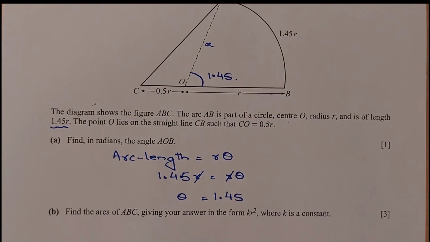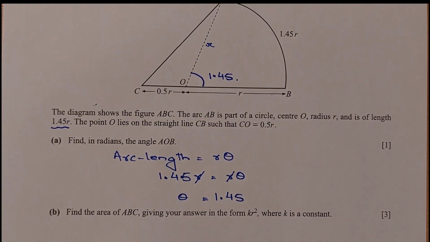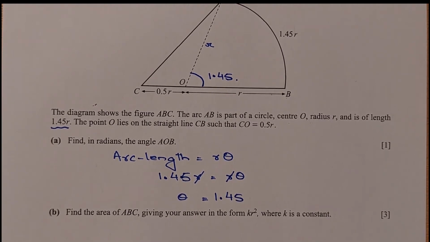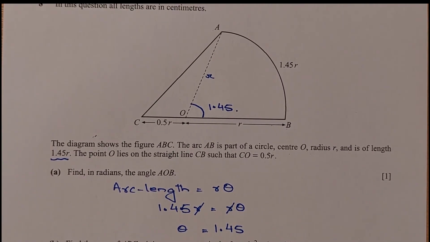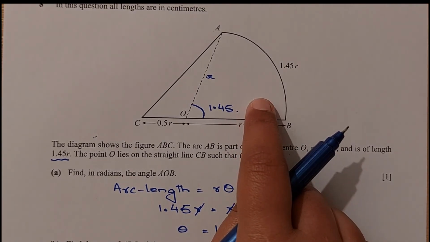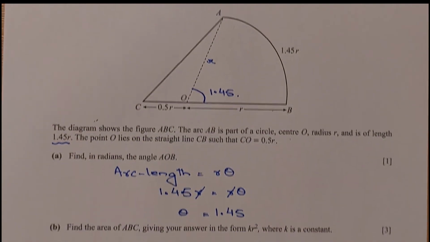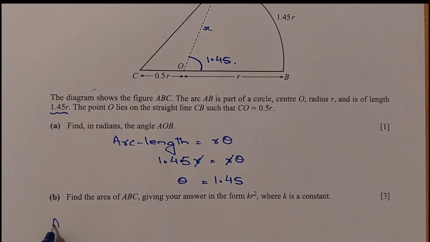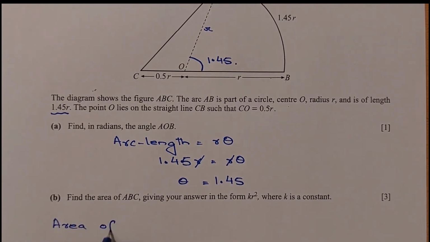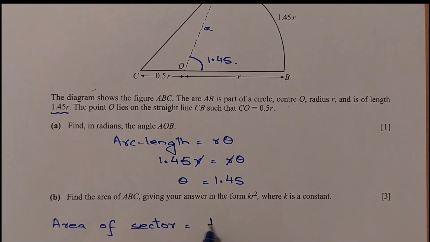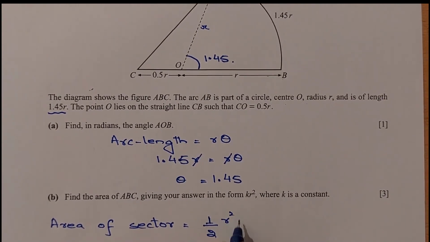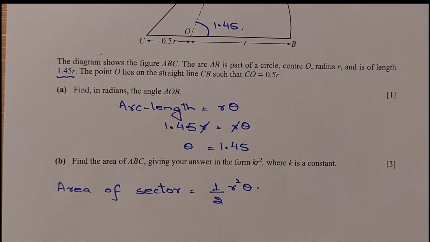Right. Now for the B part, find the area of ABC, giving your answer in the form of K R squared, where K is a constant. So to find the area of ABC, basically first we need to find the area of this sector AOB and the area of the triangle AOC, right? And we add both of them. So area of a sector of a circle is half R squared theta, right?